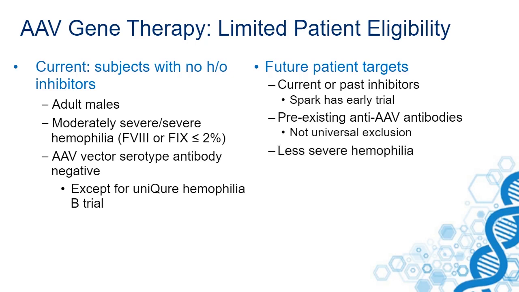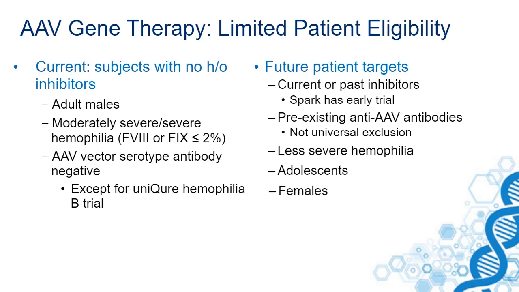Less severe hemophilia, adolescents. The issue with AAV is that it is non-integrating, so in the liver, it will be lost in a growing liver. And so that would certainly at this point limit it in young children, and we don't know, as we go down the age, where that would lose its efficacy.